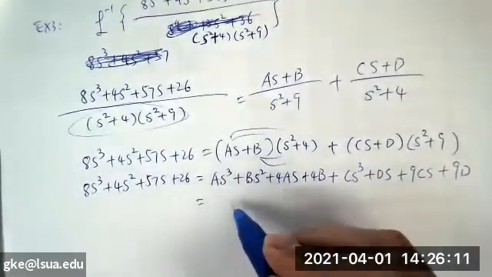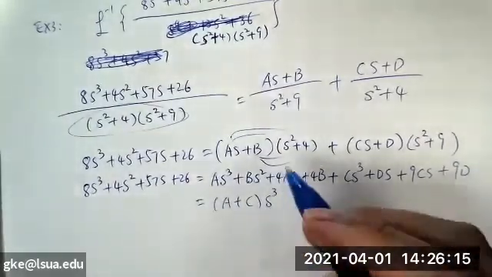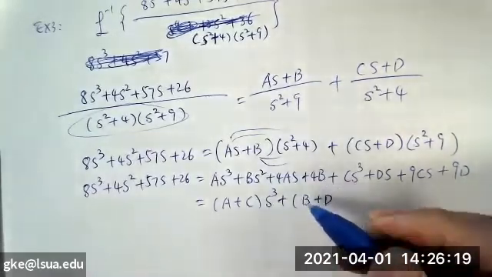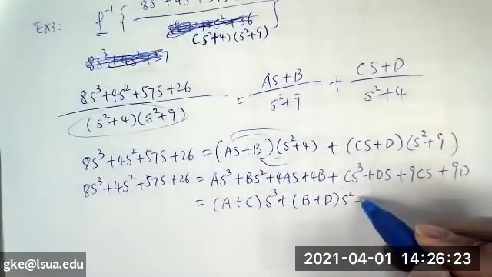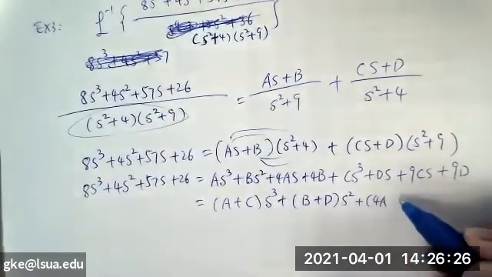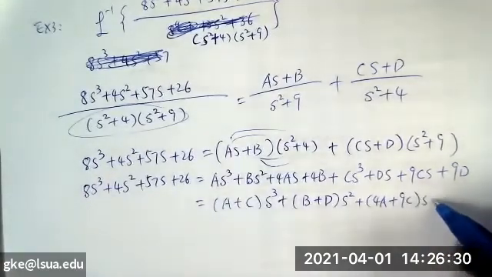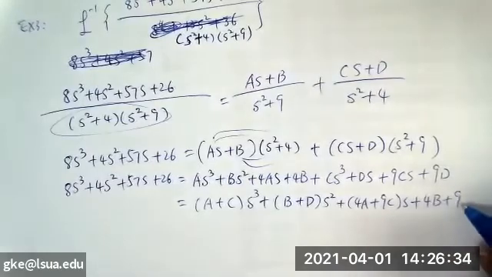We're going to have (a plus c) s cubed, (b plus d) s squared, (a plus 9c) s, and (b plus 9d). Okay.